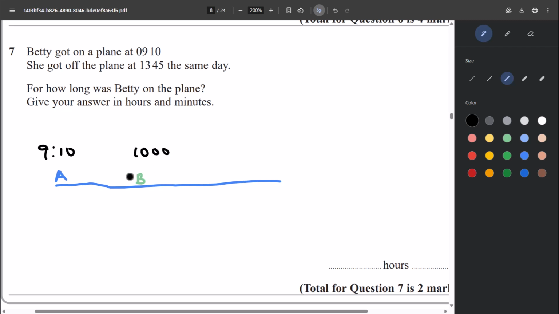Now, that is how many minutes? You could say that could be 50 minutes, right? And from 10 to 13, let's call this one C. From 10 to 13, 10, 11, 12, 13, that's about 3 hours.